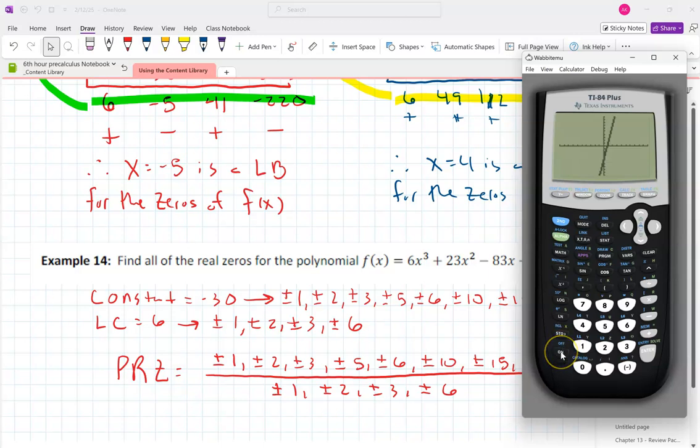Here's a way that I can get around having to do just a pure guess and check, is I'm going to go ahead and graph my f of x into my calculator. So I'm going to press the y equals button and then just type in the f of x from my problem directly into my calculator.